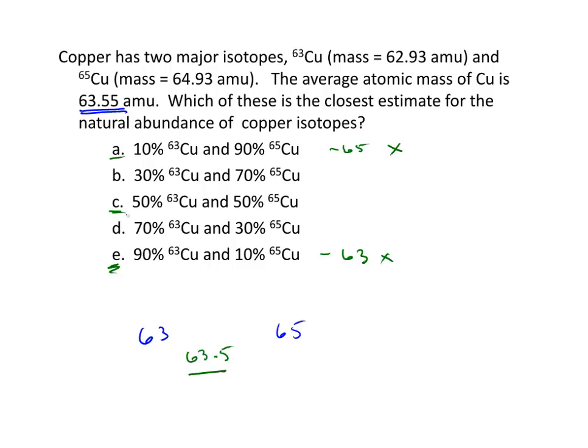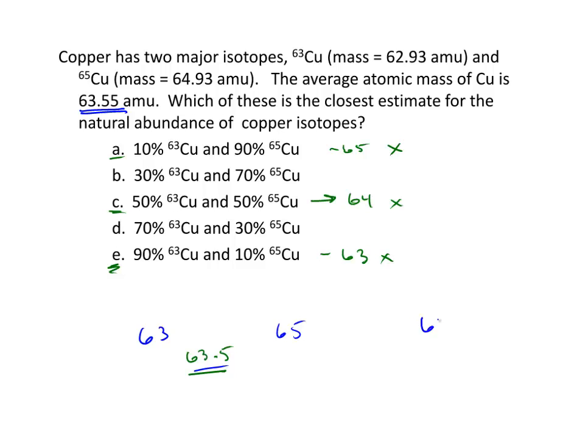Look at answer C. If it was 50% copper-63 and 50% copper-65, that means we'd have the same amount of 63s and 65s. This would be a mass of 64. We're not at 64, we're at 63.5. So with our mass of 63.5, we have more of the 63s than we do of the 65s, by about a 3-to-1 ratio.